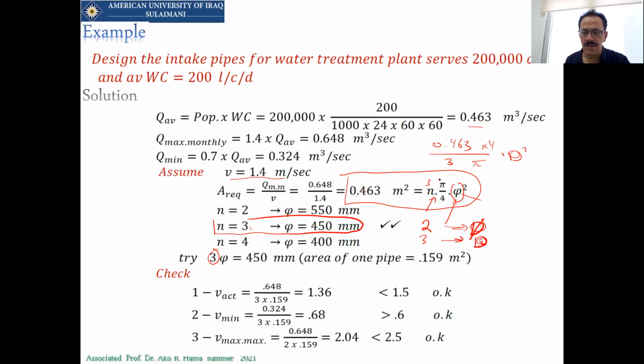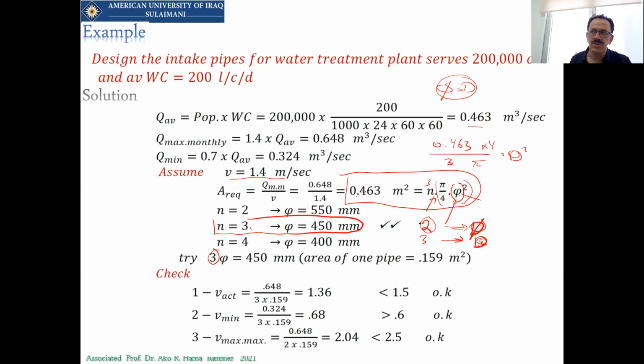Yeah, this is the area of one pipe, pi d square over 4. This is not a cube, this d is the diameter.